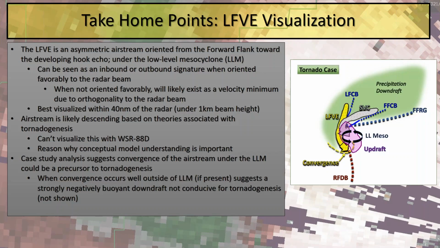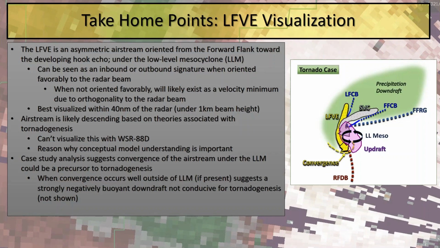Again, it can be seen as an inbound or an outbound signature, depending upon where you are in relationship to the radar, but also cannot be seen hardly at all if it's oriented orthogonal to the radar beam. And like most other things, including the ZDR arc, it's best located close to the radar. If you can get under 1 kilometer, that's even better.